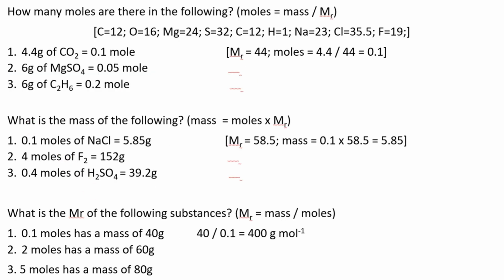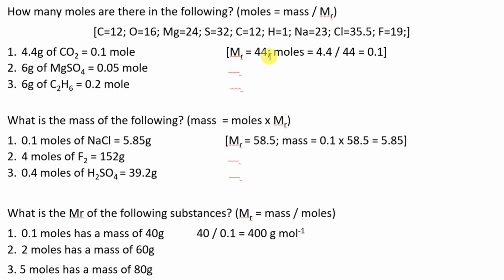Now, how many moles are there in the following? Moles is mass divided by mR. I've done the first one. I'm given the relative atomic masses of the relative elements here. 44 grams of CO2. I need mass.